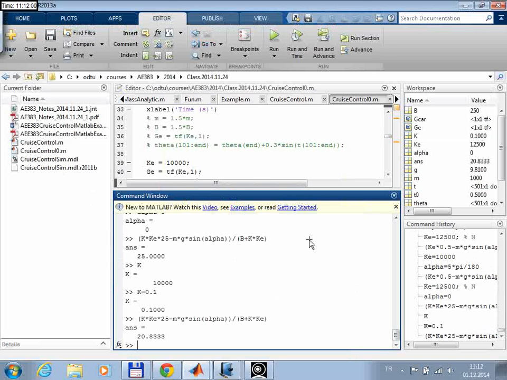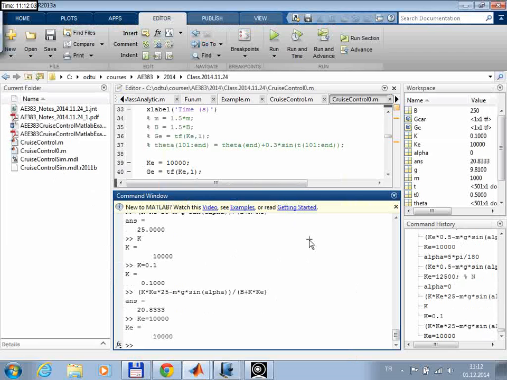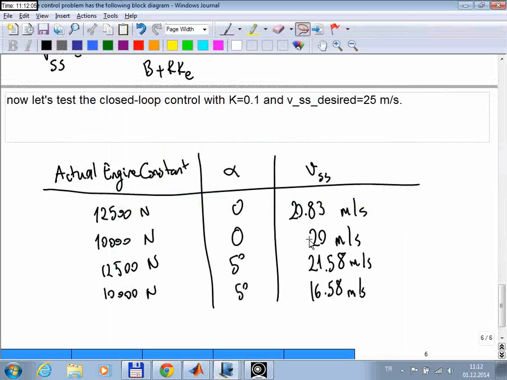So let me change the value of Ke to 10,000. For this, the value is 20.